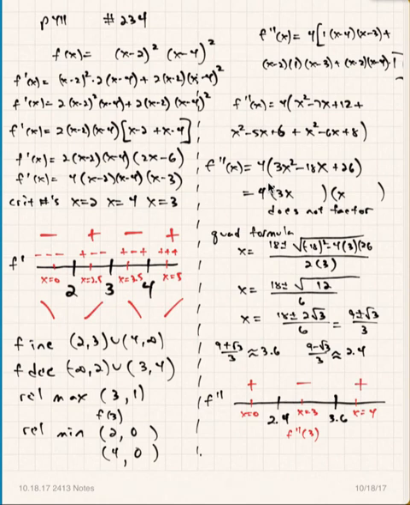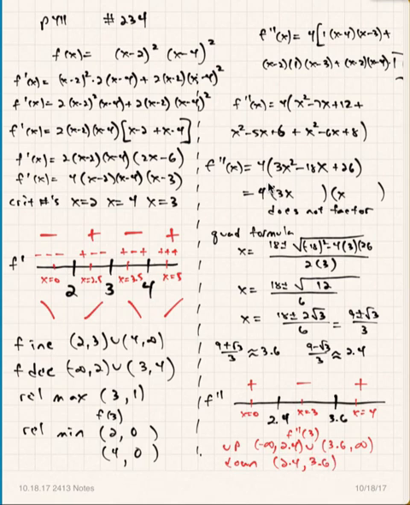I'm going to squeeze it in here so we can get these values in here. So concave up from negative infinity to about 2.4, that's an estimate, and then from 3.6 to infinity. And then concave down from about 2.4 to 3.6 approximately.